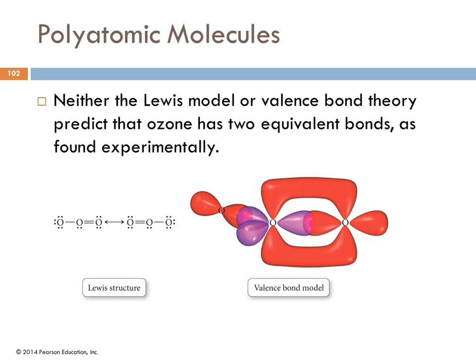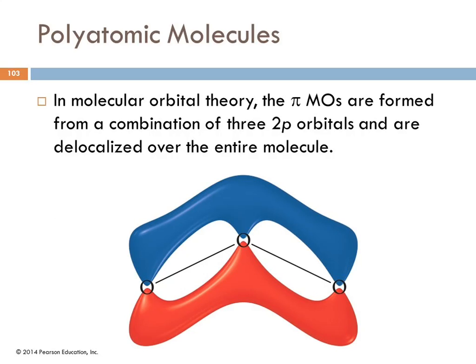But guess what molecular orbital theory can do? It can show the combination. We can get those pi molecular orbitals forming through a combination of 3 2p orbitals and being delocalized over the entire molecule. So we end up with our 1.5 bond between each. Will we be expected to be able to draw this? You do not have to draw this.